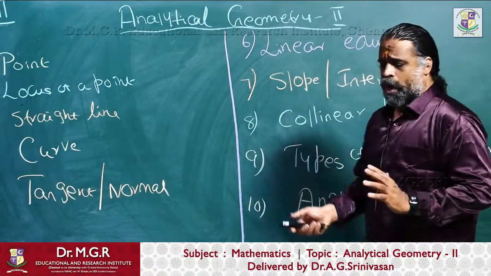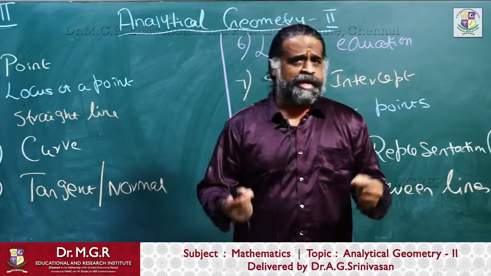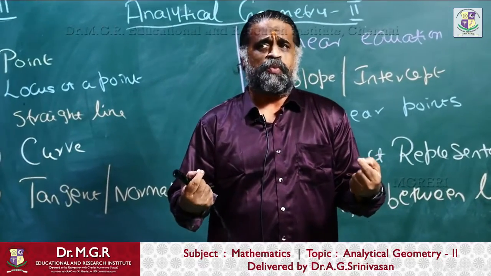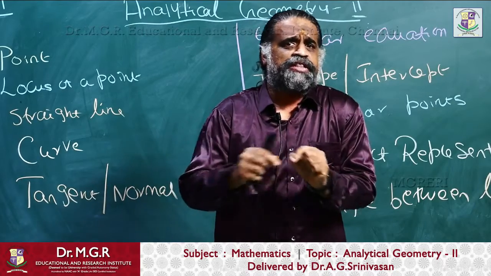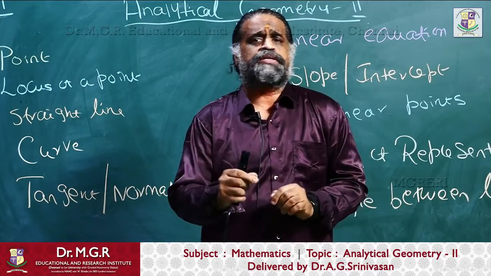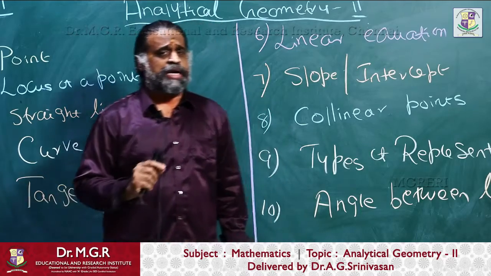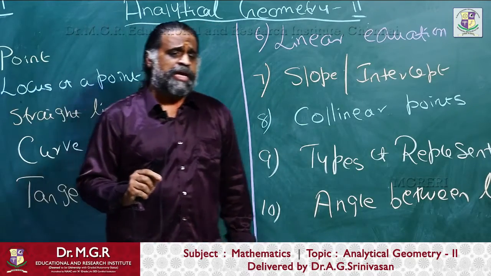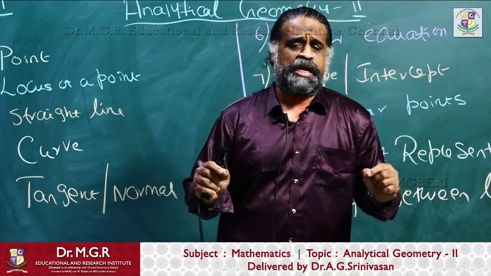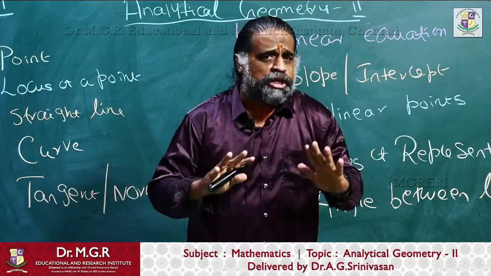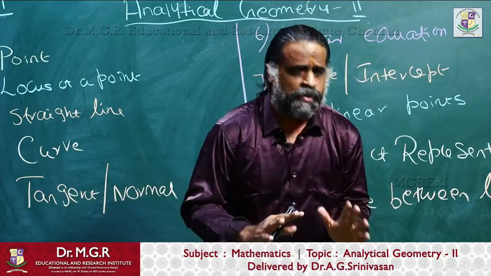The third point is the straight line. When you take 2 points, the shortest distance between these 2 points is called a straight line. What is a straight line? A straight line is the shortest distance between any 2 points in the given surface. We are talking about only a 2-dimensional surface at the moment.